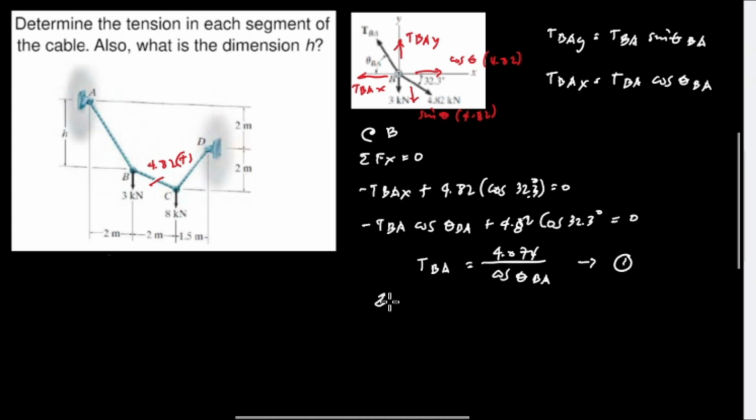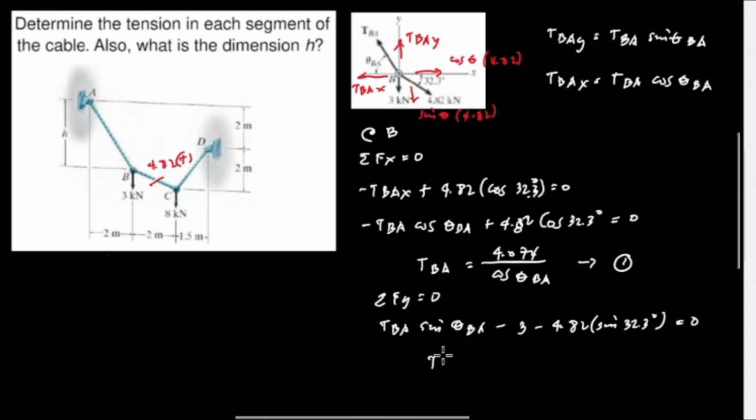And summation of forces along Y is equal to 0. We have TBA sine theta BA, and that's positive, minus 3 kilonewton, and negative 4.82 multiplied by sine 32.3 degrees, and it is equal to 0.